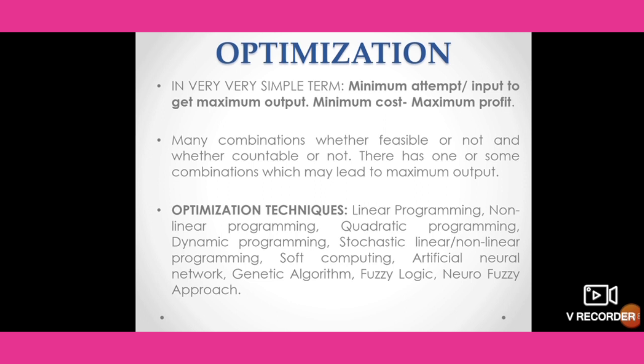The optimal allocation in the earlier days used to happen with methods such as linear or non-linear optimization, using the simplex method or non-linear methods. But nowadays, soft computing techniques, artificial intelligence and neural networks are being used.